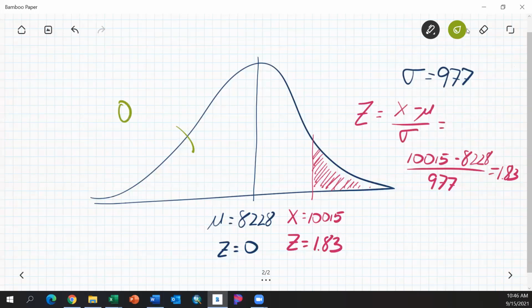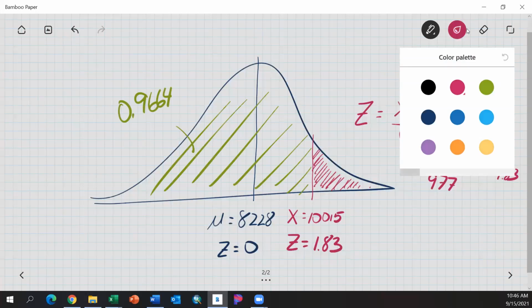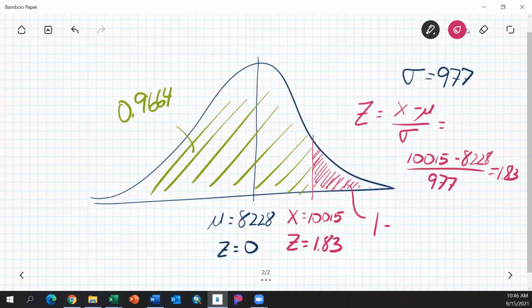So 0.9664 is the area to the left of z equals 1.83. But because the area under the normal distribution curve is 1, the area to the right of z equals 1.83 is equal to 1 minus 0.9664, which equals 0.0336.